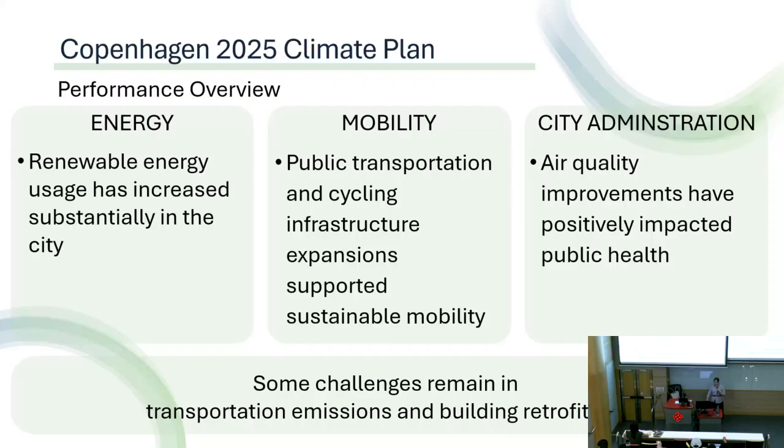But there are still challenges. Even though they have a climate plan for around 10, 15 years, I think it was, they still couldn't achieve everything because of, for example, legislation. There's people not wanting to take up cycling, or not being able to access particular things.